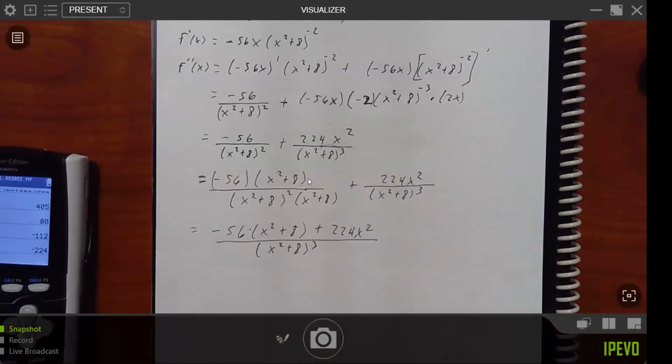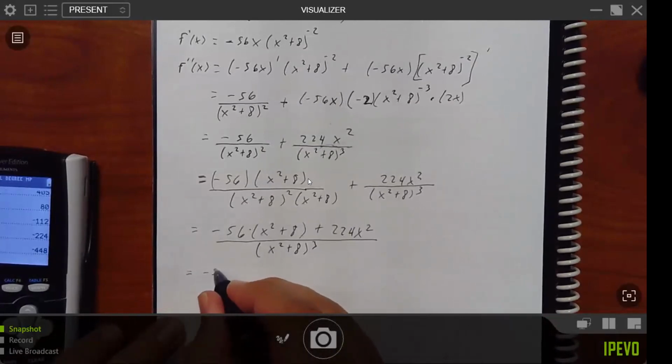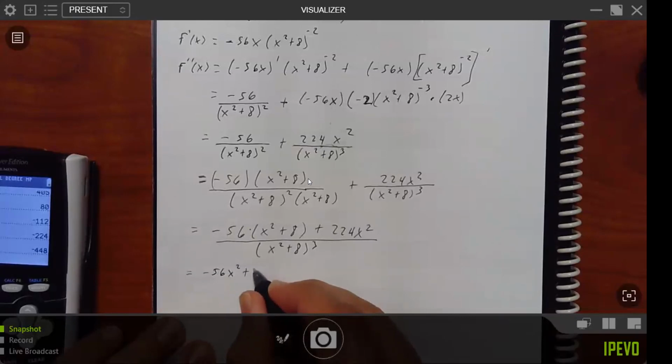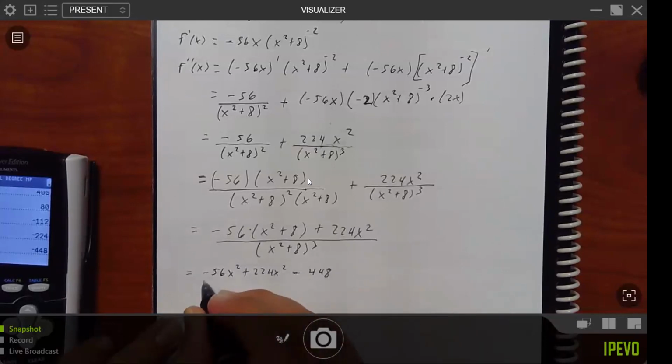Does not look like it'll always be. So negative 56x squared plus 224x squared minus 448.